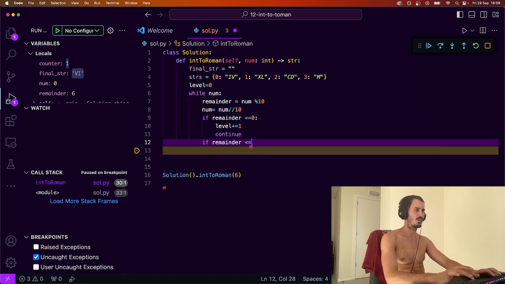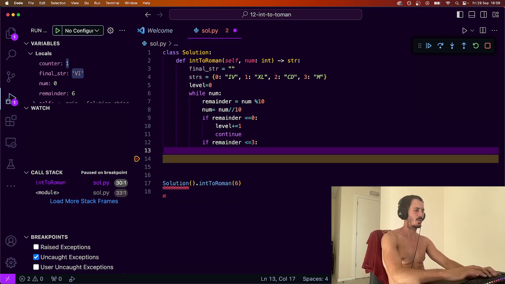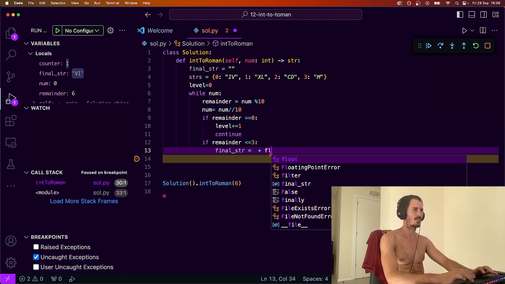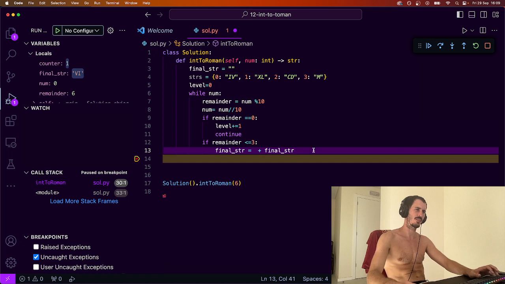If remainder is smaller or equal to 3, we do final string equals something plus final string, because we want to append to the left of the string. Let's say we have the number 3. We need to do 3 I's.